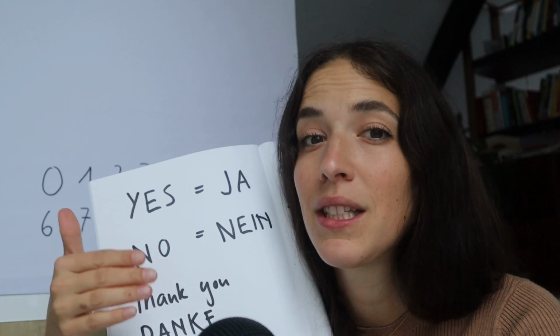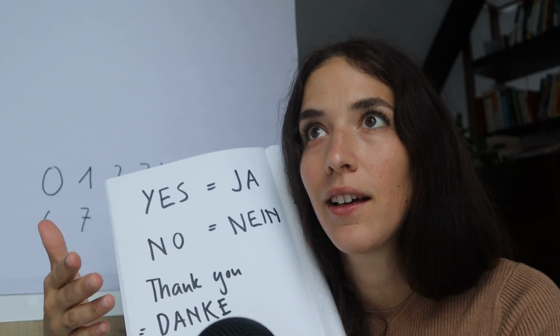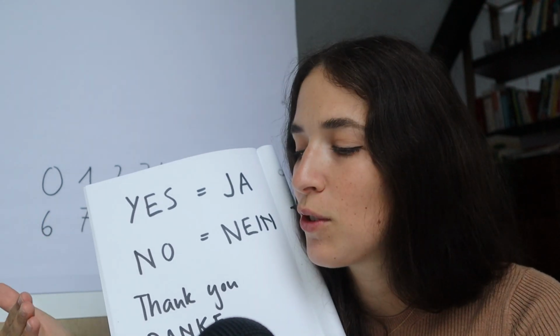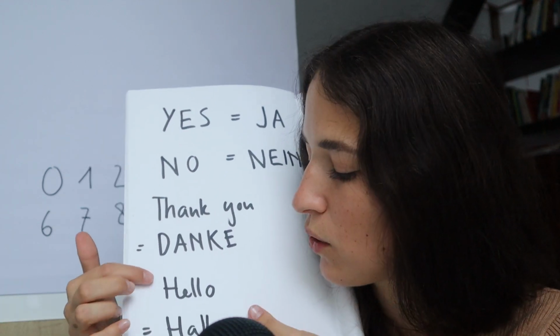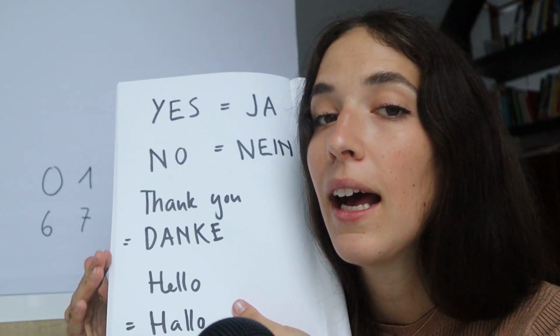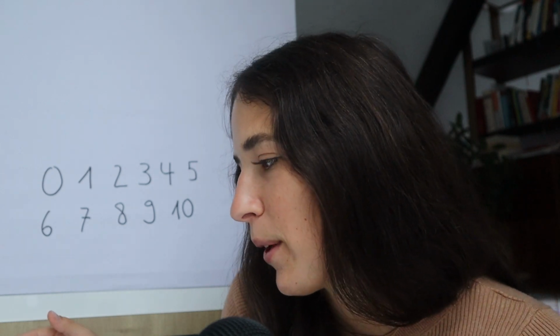Schön translated directly means beautiful, but it's not like you're saying to the other person, thank you, beautiful. It's just that the words belong together, and it's maybe even a nicer way to say danke, so danke schön. And then of course hello is just one letter difference. Hallo. So those are just four words off the top of my head that are really basic words.